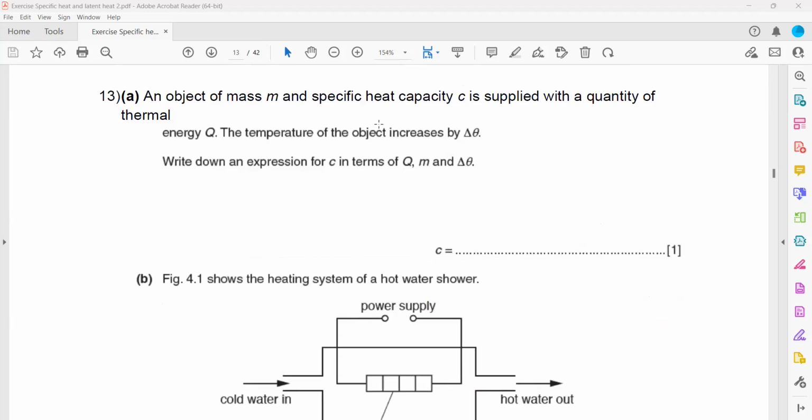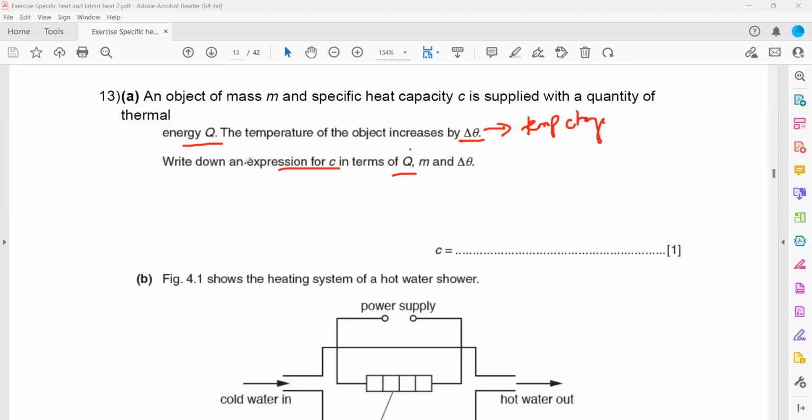An object of mass M, specific heat capacity C, is supplied a quantity of thermal energy Q. Write down an expression for C in terms of Q, M and delta theta. Delta theta means temperature change, and Q means energy.